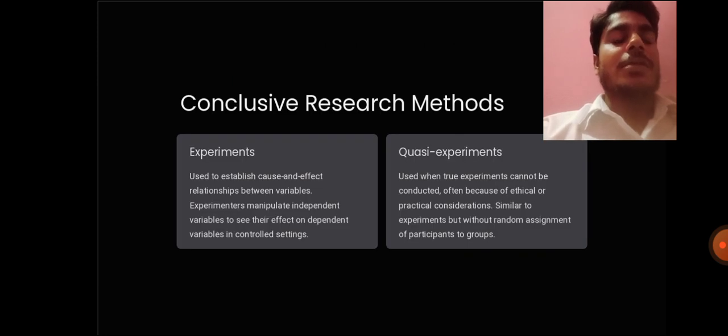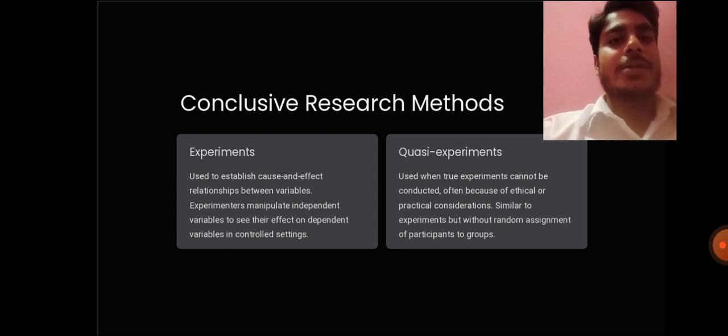After that, we are going to discuss conclusive research methods. Under conclusive research, there are two methods: experiments and quasi-experiments. Experiments are used to establish cause and effect relationships between variables.